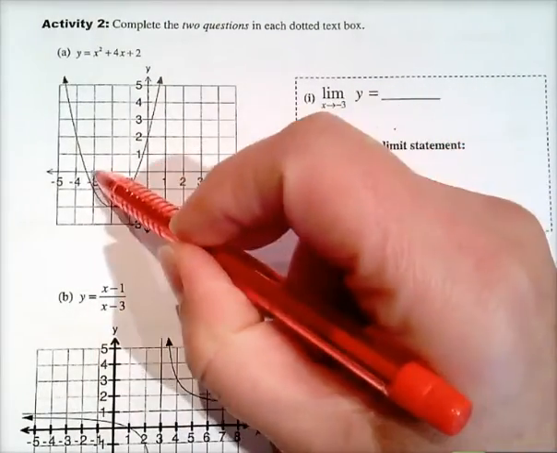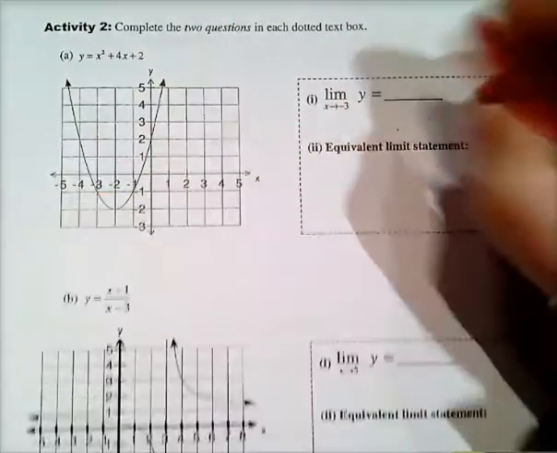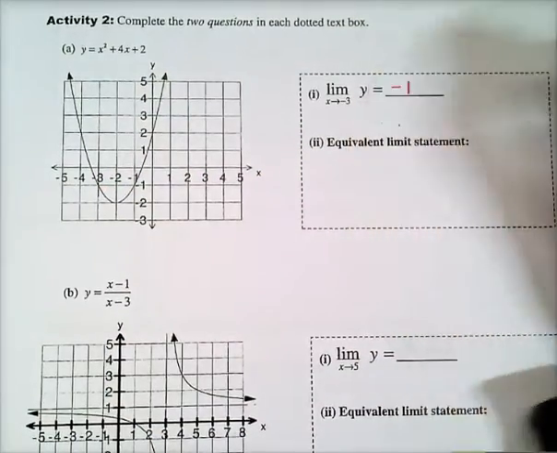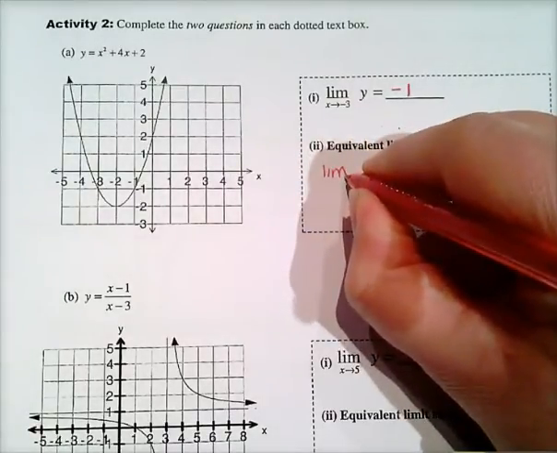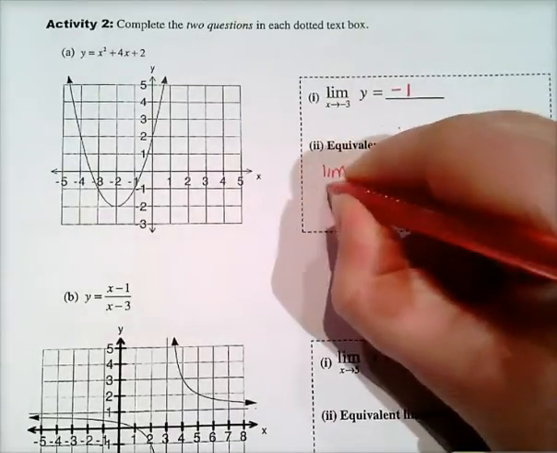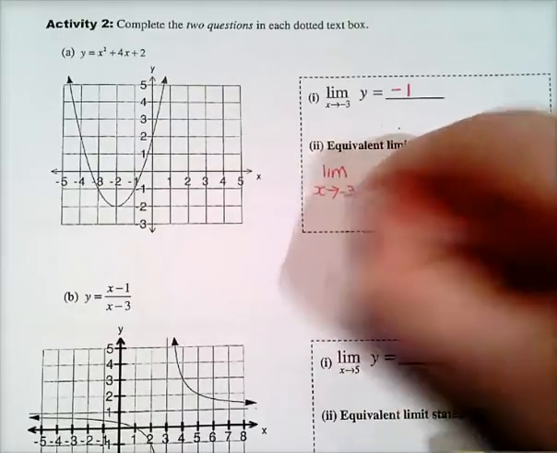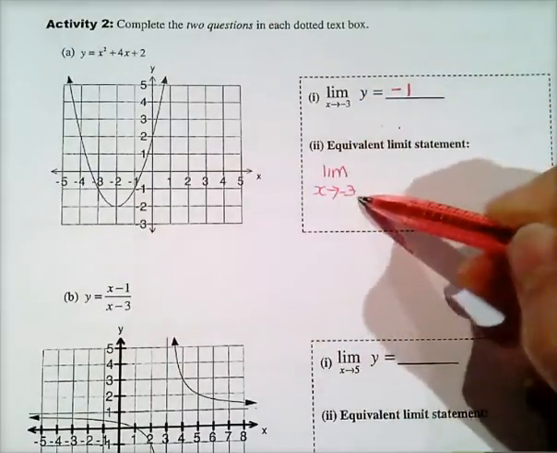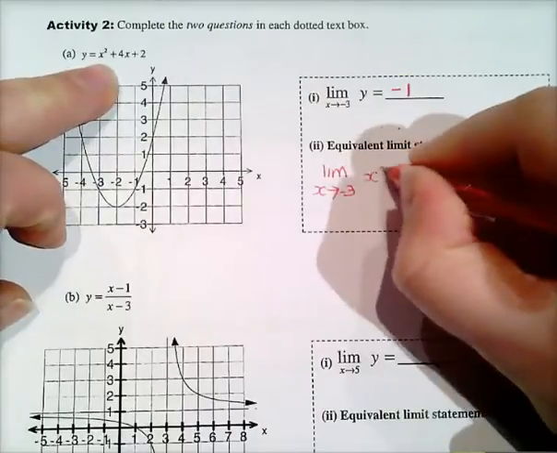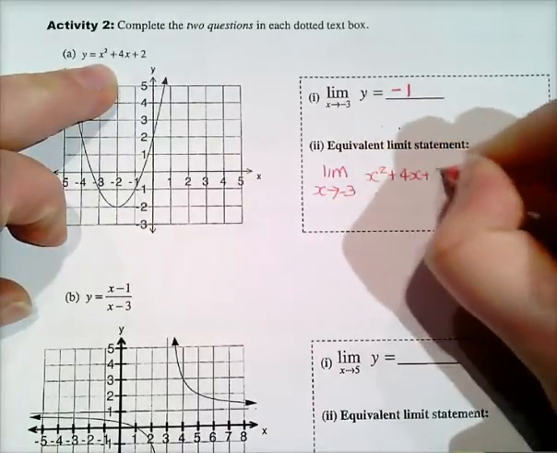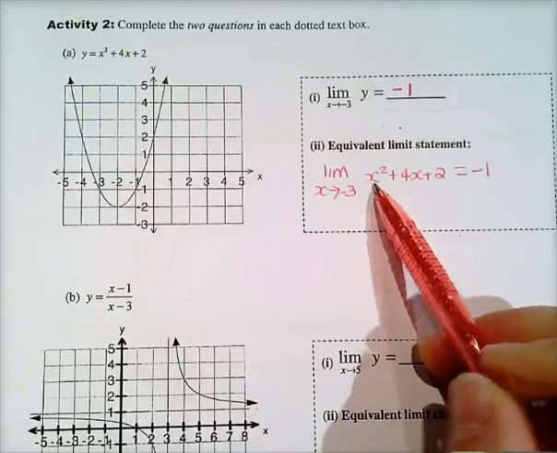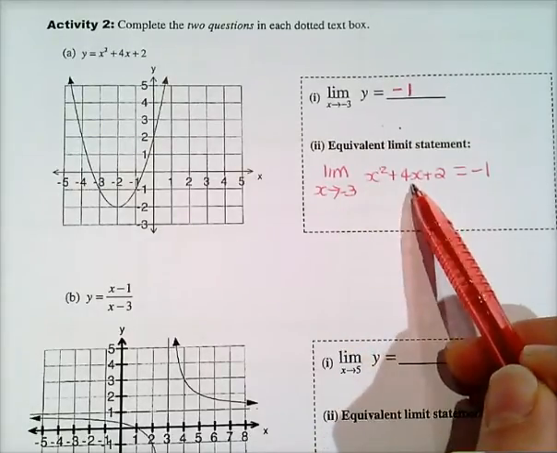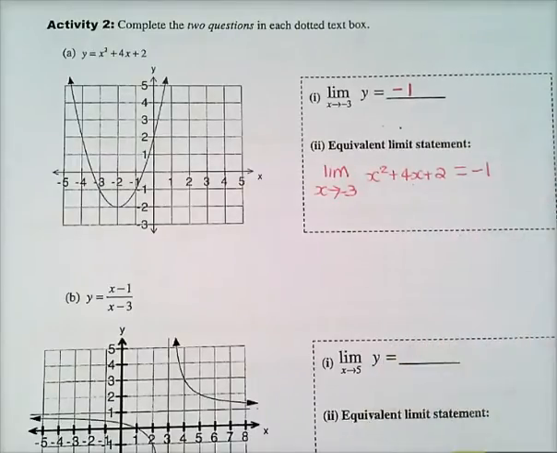Now, we can see as x approaches -3, y equals -1, but the equivalent limit statement would be to replace the y with actually what the function is. So the limit as x approaches -3 of x squared plus 4x plus 2 is -1, because if you do substitute -3 in there, you get 9 minus 12, which is -3 plus 2 is -1.